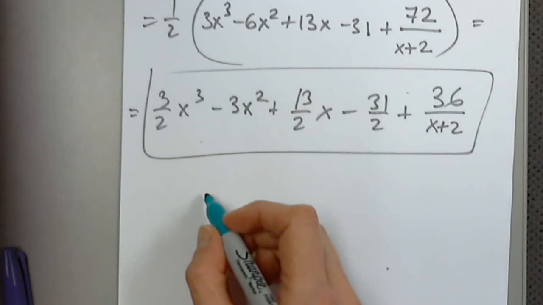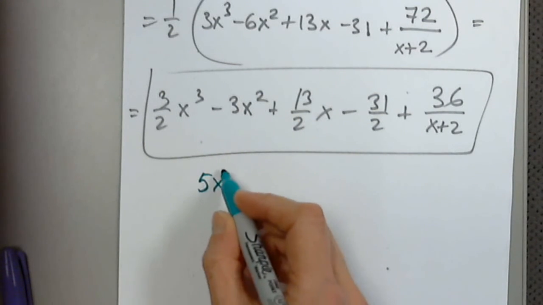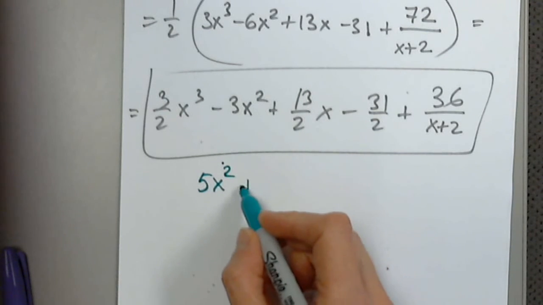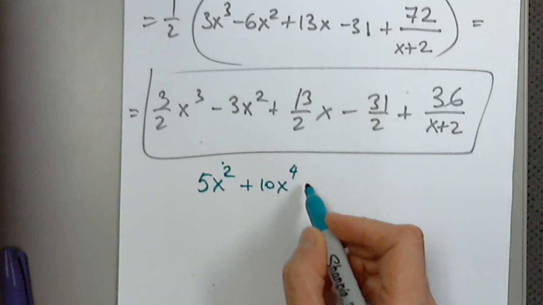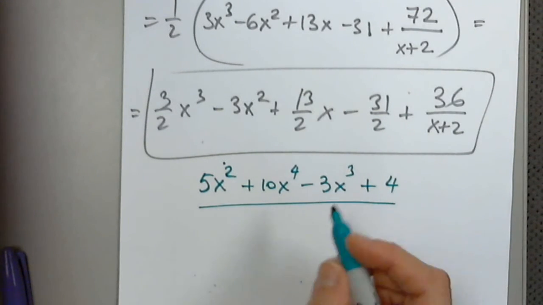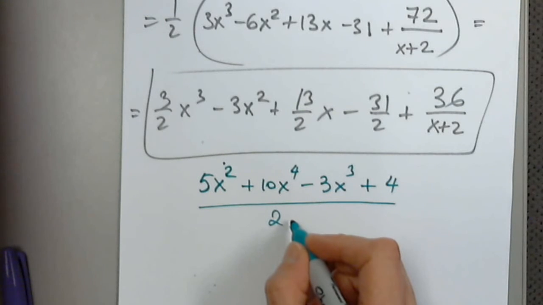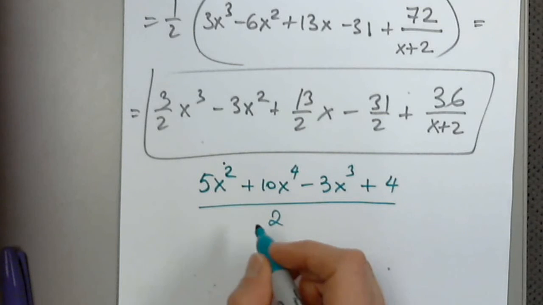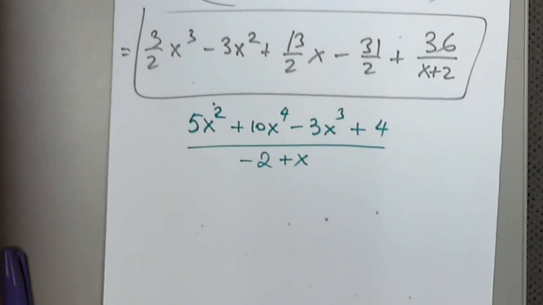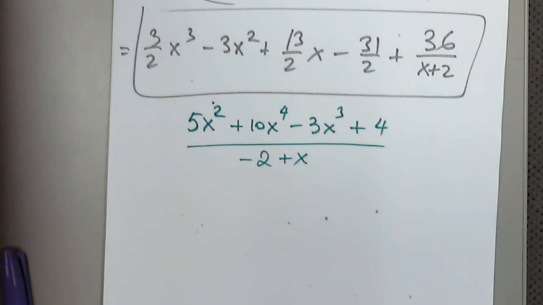Okay, here it is. 5x squared, that's correct. Plus 10x to the 4th minus 3x cubed plus 4 divided by 2 plus x. What do I have to do first?